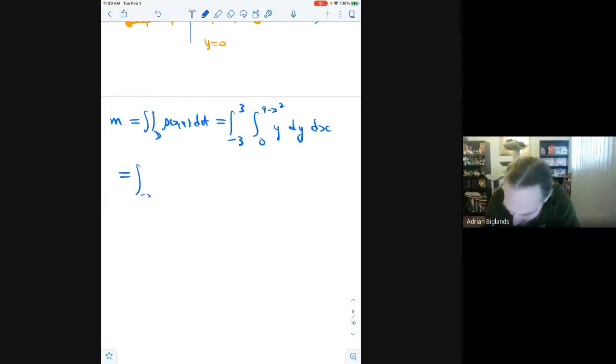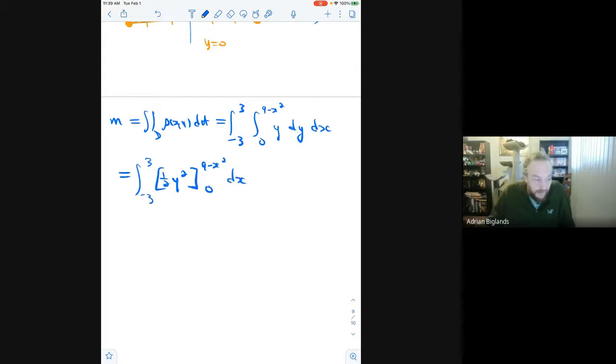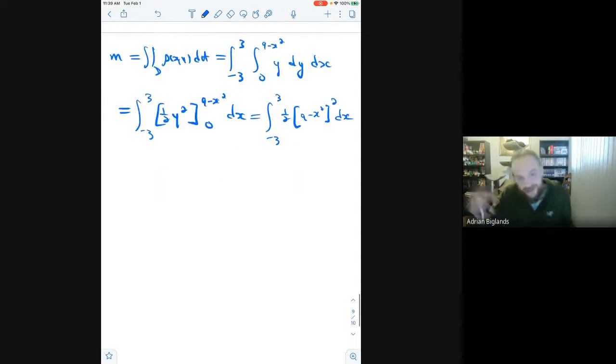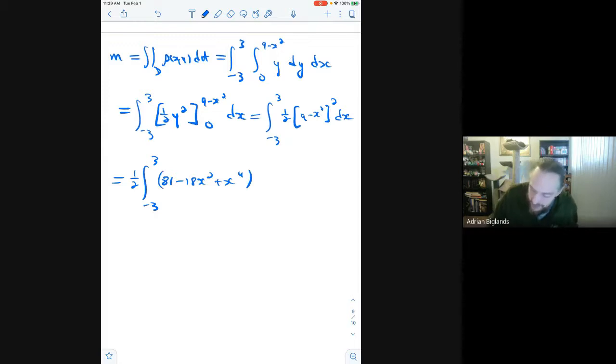This is the integral from -3 to 3 of 1/2 y squared evaluated from 0 to 9 minus x squared dx, which is going to equal the integral from -3 to 3 of 1/2 times (9 minus x squared) squared dx minus 0, which is equal to 1/2 the integral from -3 to 3 of 81 minus 18x squared plus x to the 4 dx.